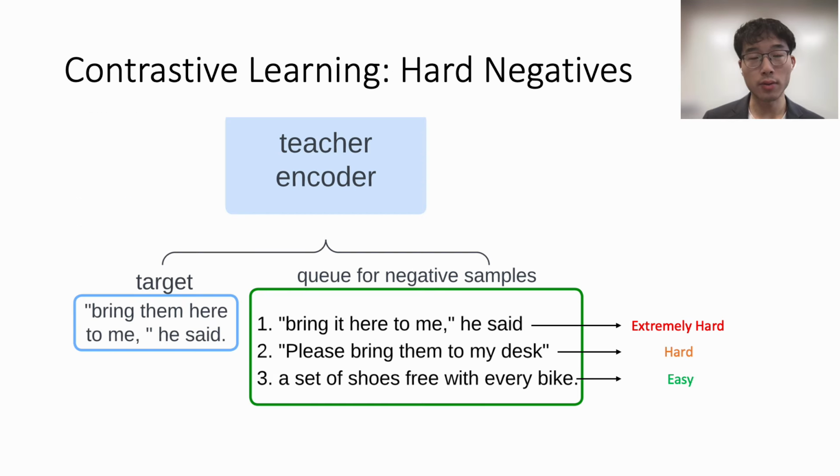To get a good performance with contrastive learning, the key is to have better negative samples to update the model. And normally we would like to have hard negatives, such as example 2, which closely resemble the target sentence but still semantically different.